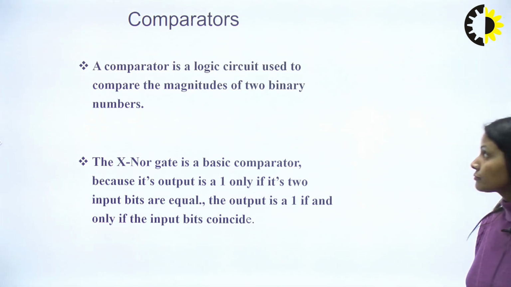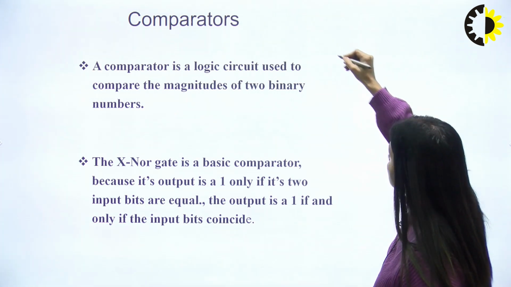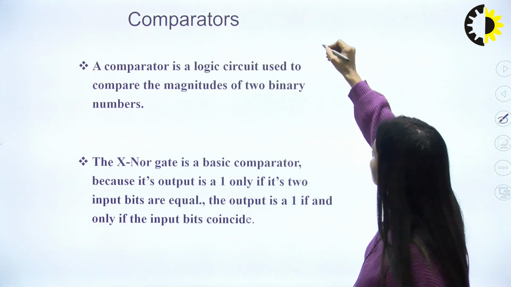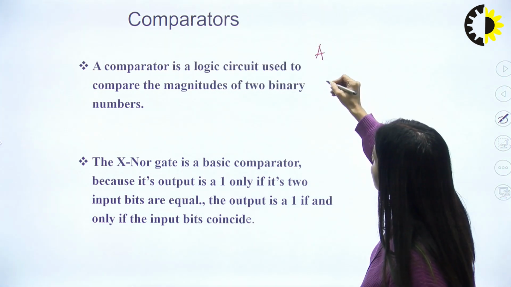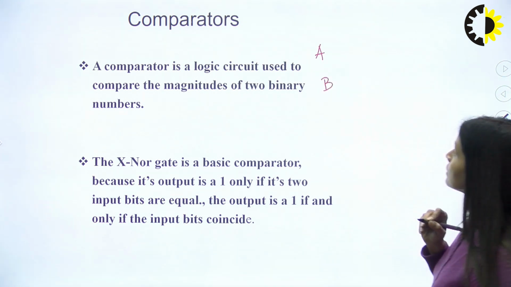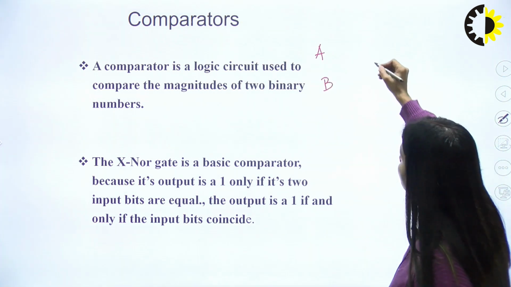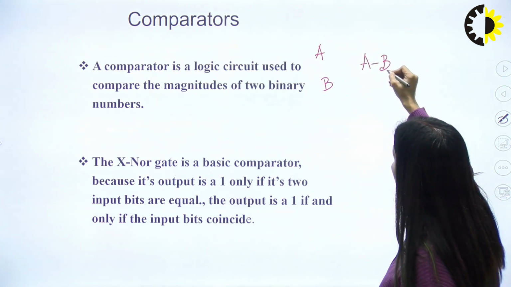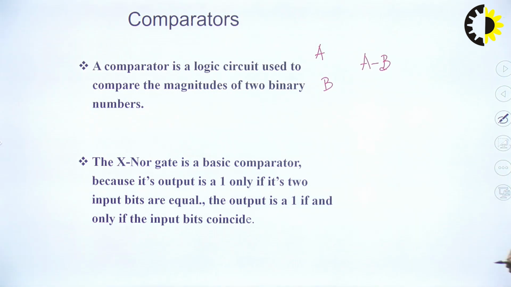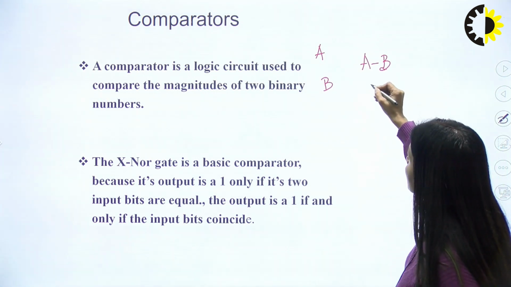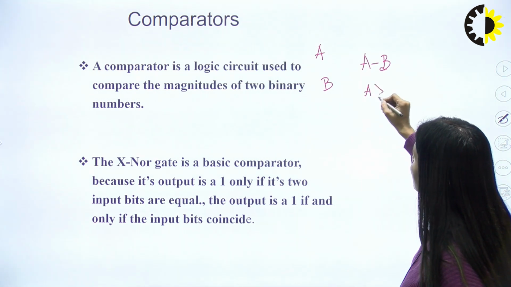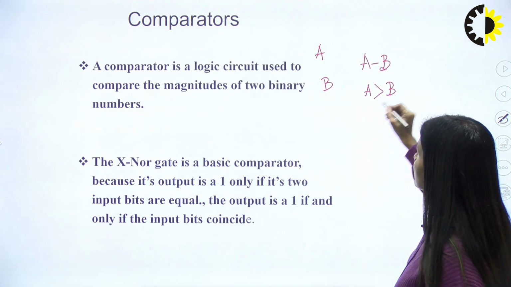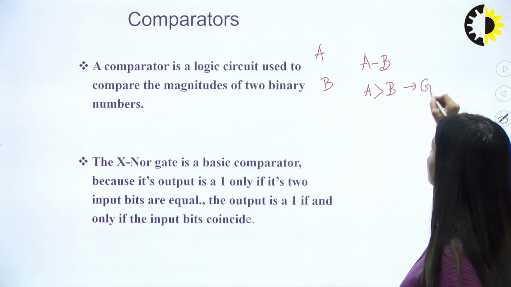Let's say I have two numbers, one is A and another one is B. The comparator will perform the logic A minus B. If A is greater than B, one output G will be high.